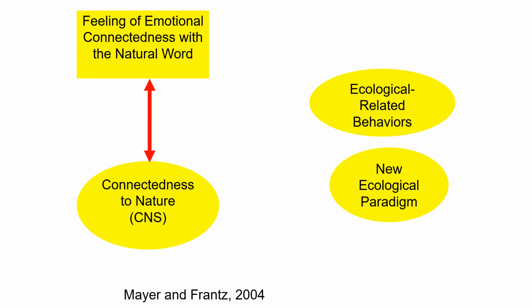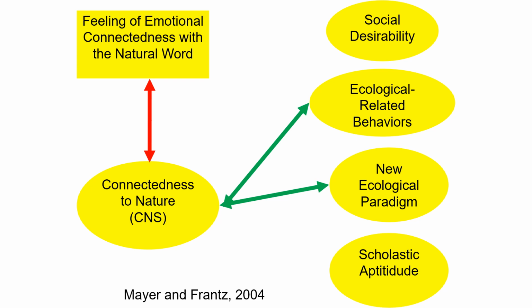So I can look at things like ecologically related behaviors, hiking, camping, things like that. And another measure, this is called new ecological paradigm, which is another published measure that a researcher made that measures people's feelings about environmental preservation. And what I should see for those two specifically is positive high correlations.